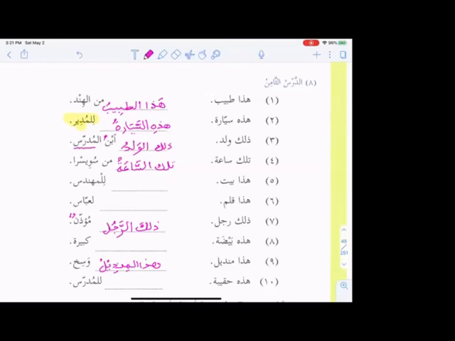Is dirty, wasikhun. Hazihi hakibatun. This is a handbag. Hazihi hakibatun. This is mubtada khabar. Now change it into this bag.